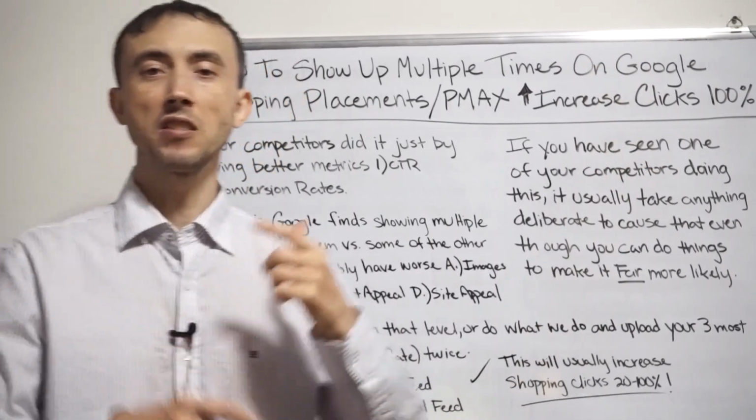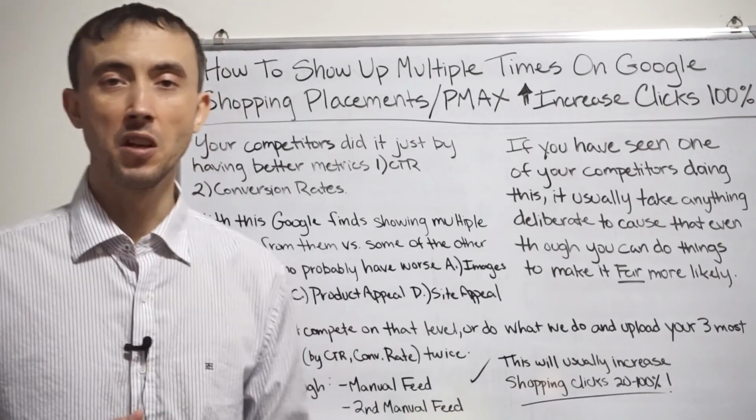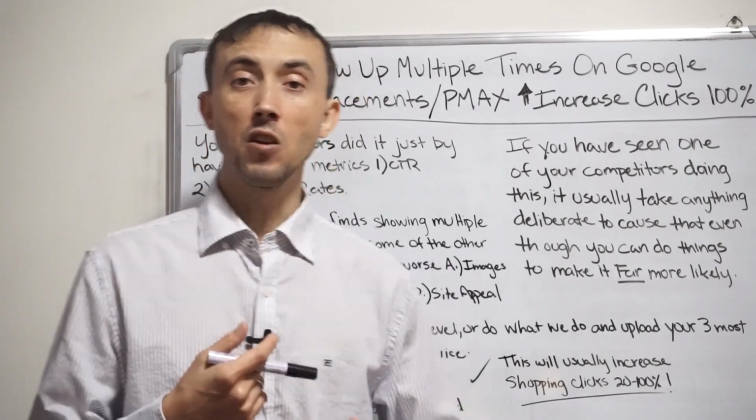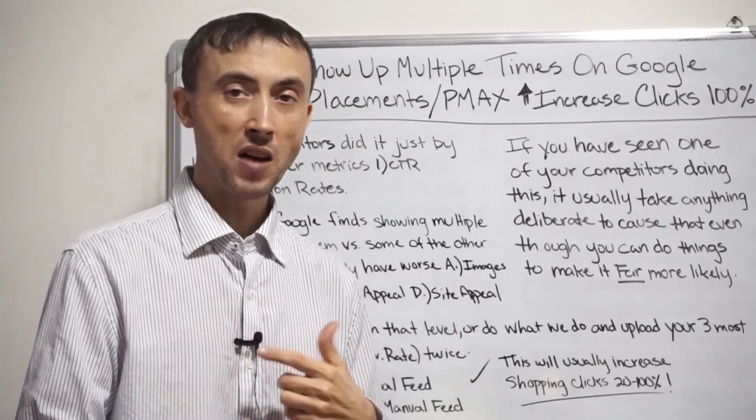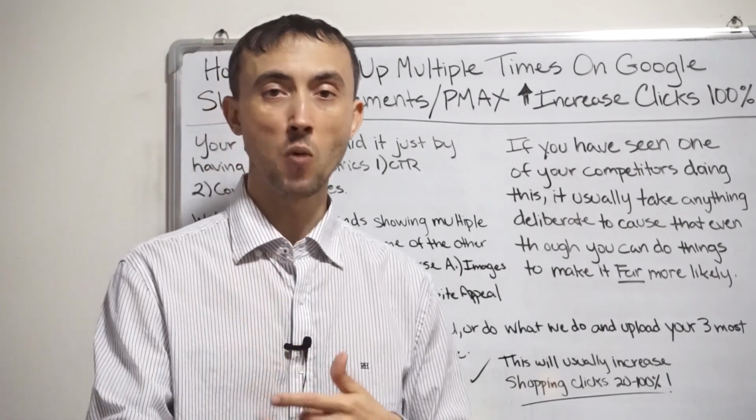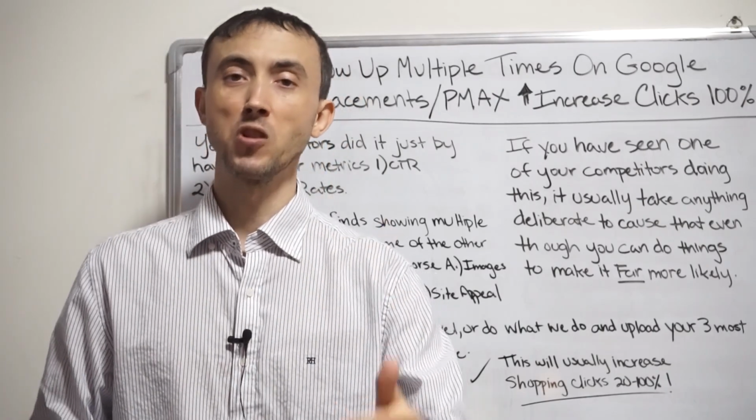So basically it's a self-perpetuating feedback loop that you're trying to feed with positive data, which ultimately turns into more clicks and more products that show up, which get you more clicks.